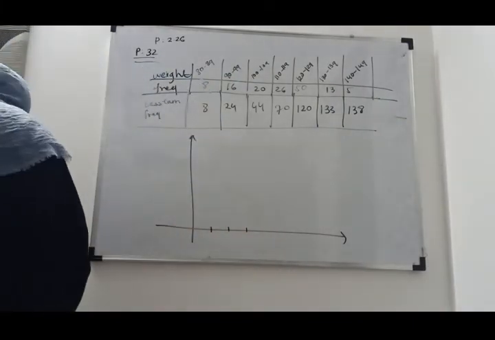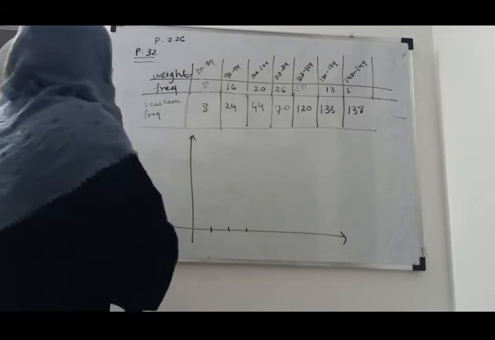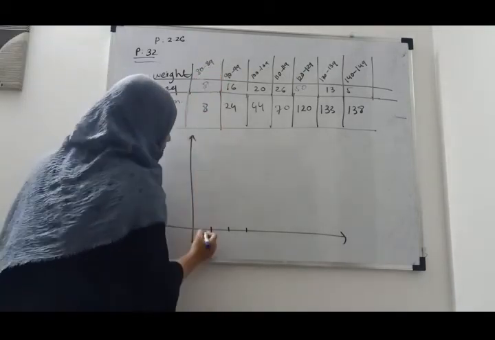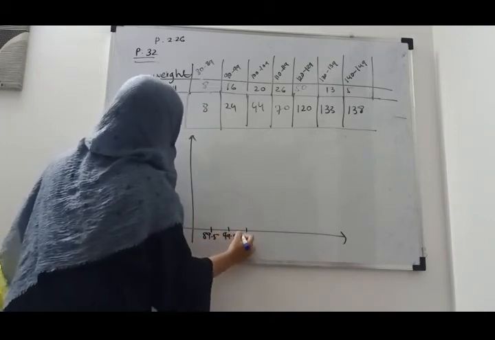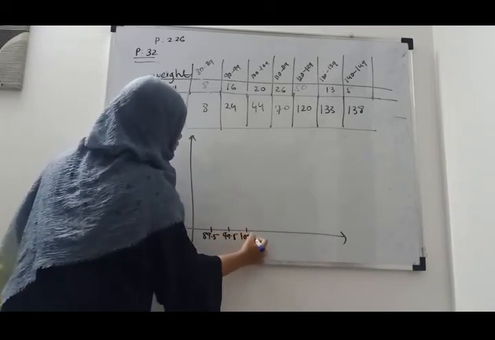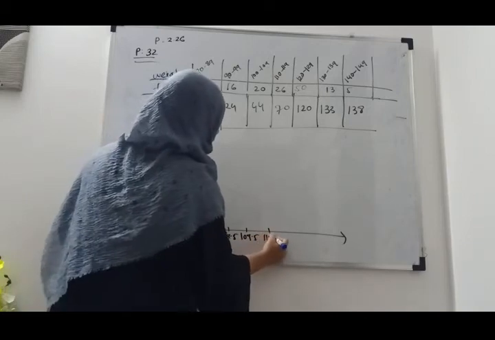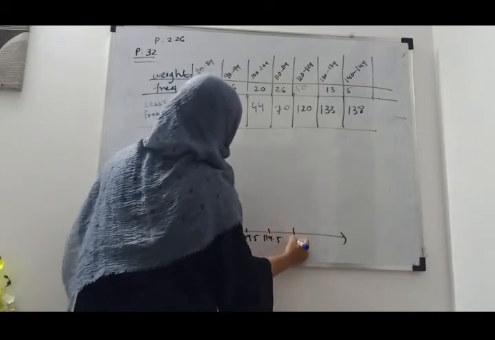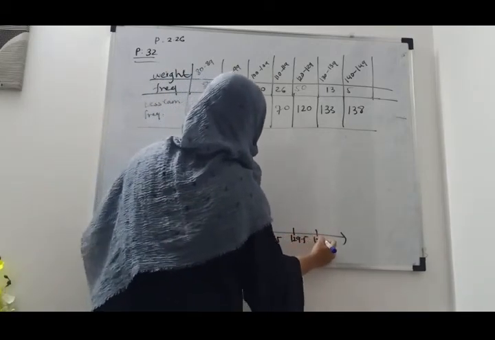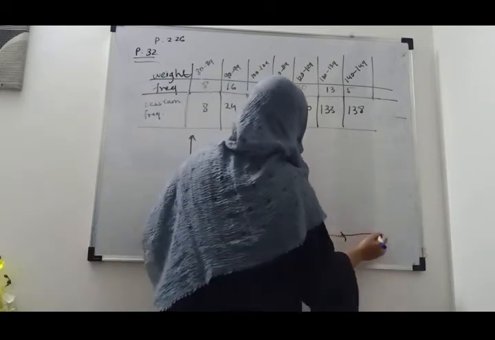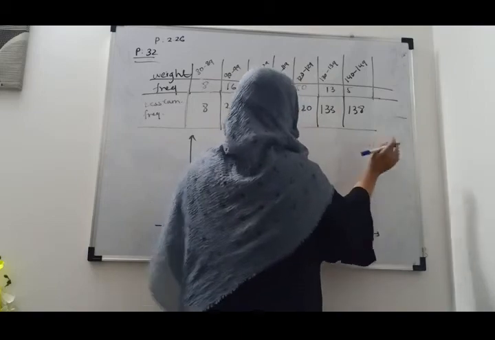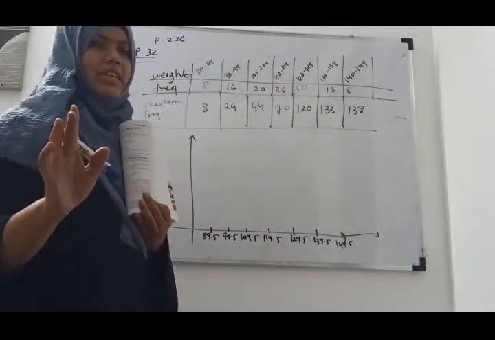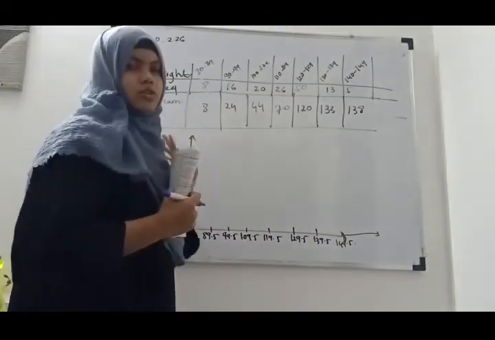So I am directly writing it. The upper limit will be 89.5, here 99.5, then 109.5, 119.5, 129.5, 139.5 and 149.5.